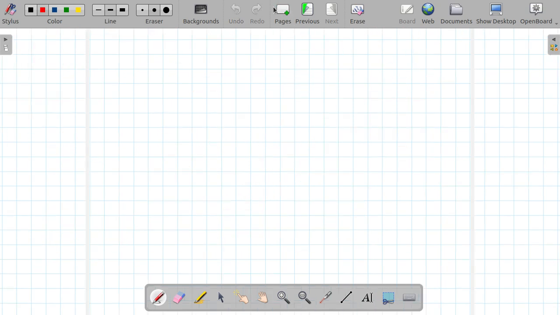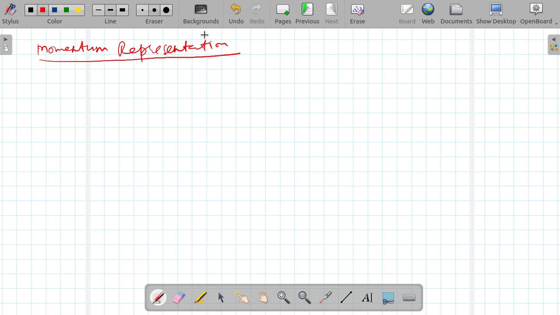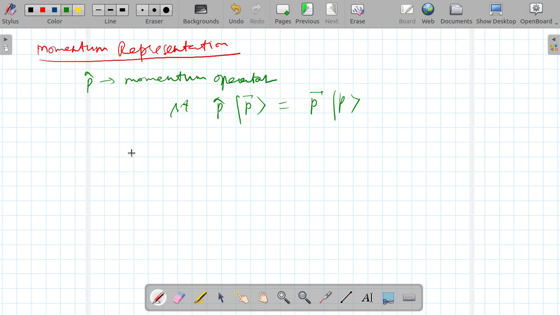Now let us look at the momentum representation of the wave function. As we considered the position operator, similarly I will consider the momentum operator, such that when it operates over the momentum ket, it gives us the momentum factor with it, right?